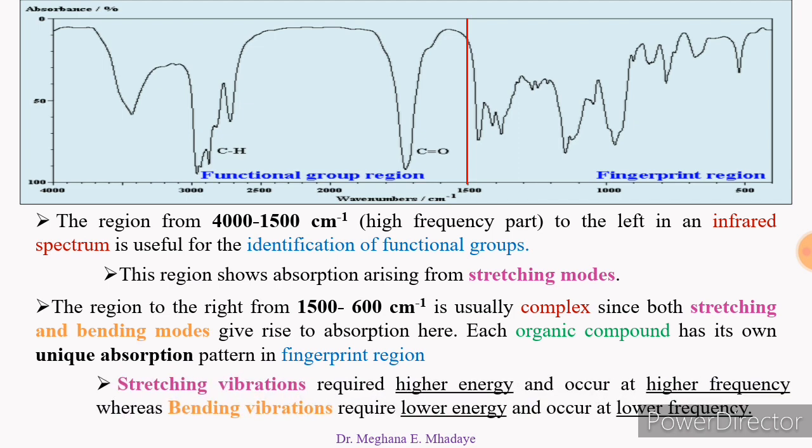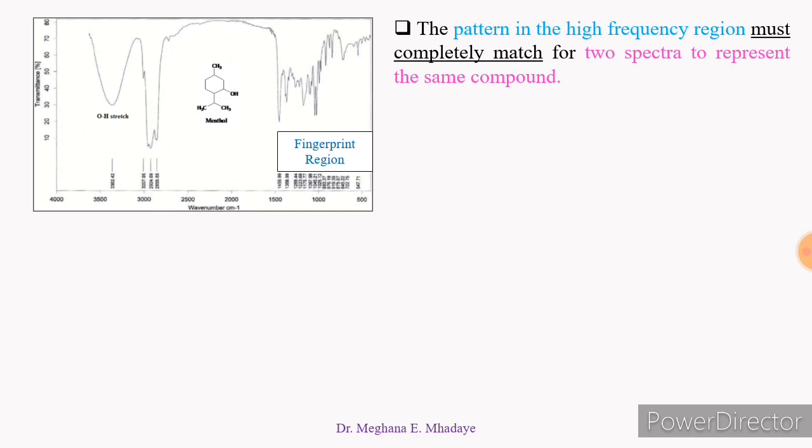Stretching vibrations require higher energy and occur at high frequency, whereas bending vibrations require lower energy and occur at lower frequency. The pattern in the fingerprint region must completely match for two spectra to represent the same compound.